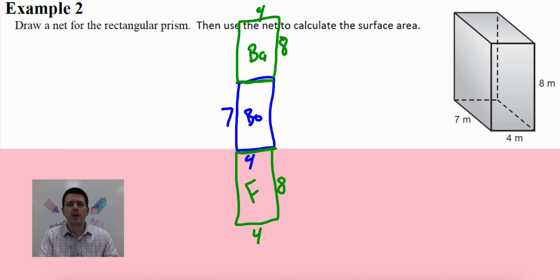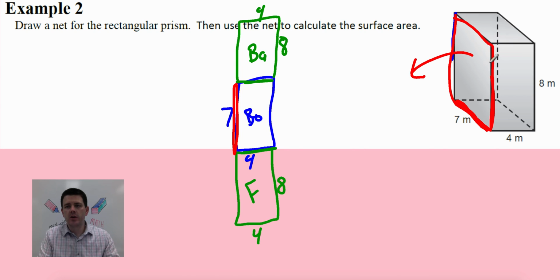Okay. So now let's do the sides. So take the one we can see first. Let me switch colors here. So this is my left-hand side. So again, it's going to kind of tip out this way. It shares that common 7 with my bottom edge. So that's going to be this edge here.